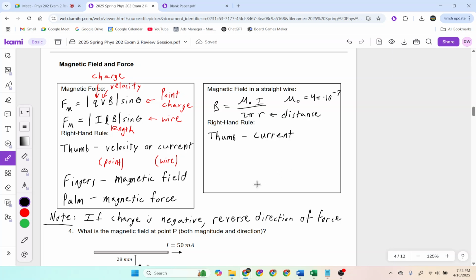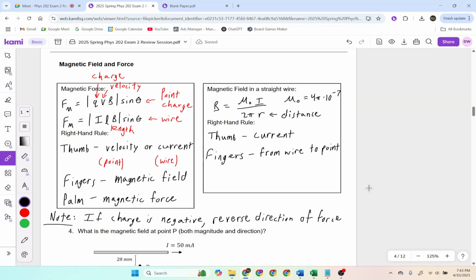Our fingers, once again, well, this time the fingers are going to point from the wire to the point. What point? In the question, there will always be a point, like point P or point Q, or maybe it's a point charge. Always point from the wire to the point.